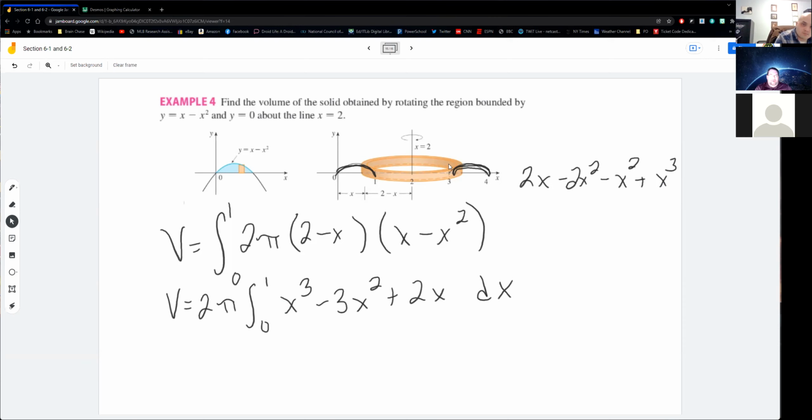And the other nice thing about a lot of times when you're doing integration, because your constant term always ends up going up to x, when you plug in 0, it kind of cancels out even if you have a constant term in it.